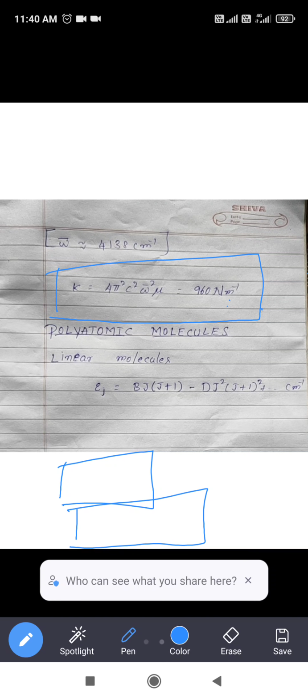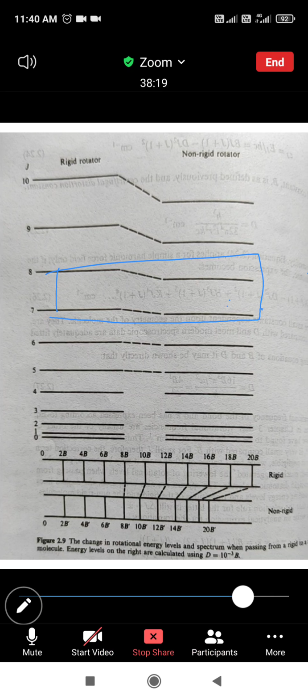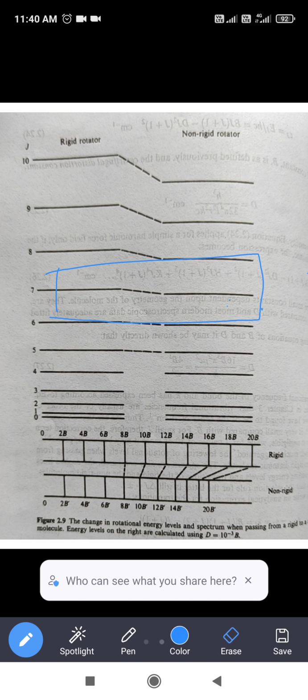Okay, this is about the non-rigid rotator. This is the spectrum or energy levels of the rigid rotator and non-rigid rotator. Here the non-rigid rotator energy levels lie lower than the rigid rotator energy levels.